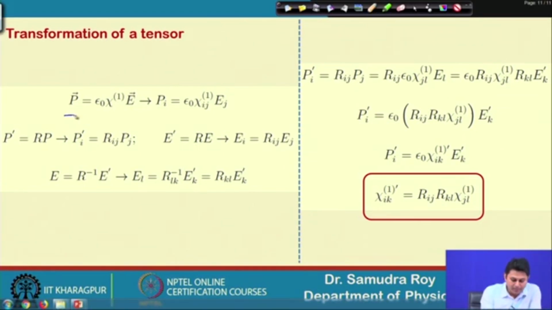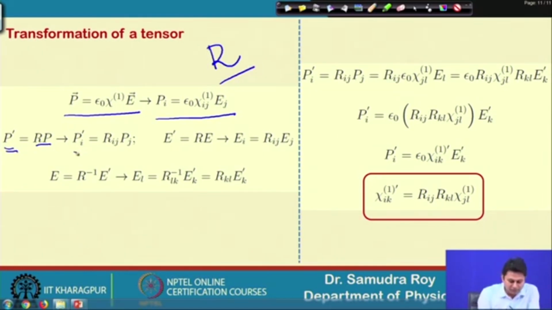So this is the P vector, which is related to the E vector like P equals epsilon 0 chi E, which is straightforward. If I write it in component form, P_i equals epsilon 0 chi_ij E_j. Now we write this P vector in a different coordinate system, where the coordinate system is changed by some operation represented by the matrix R. So if I operate R over P, I get P prime.